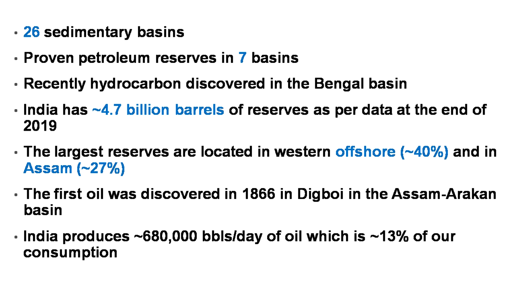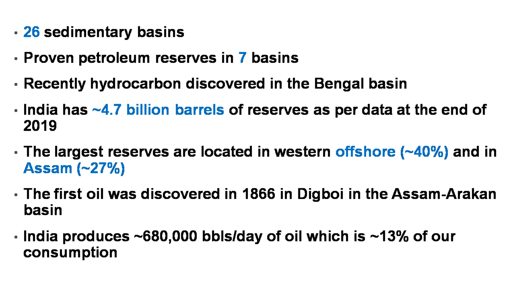In the offshore part of Maharashtra, we have the biggest oil field known as Mumbai High, and the other one is in the Assam-Arakan geological belt, which holds about 27% of Indian reserves. Interestingly, the first oil was discovered by the Britishers way back in 1866, and that was found in one of the fields called Digboy in Assam, which is still under production.